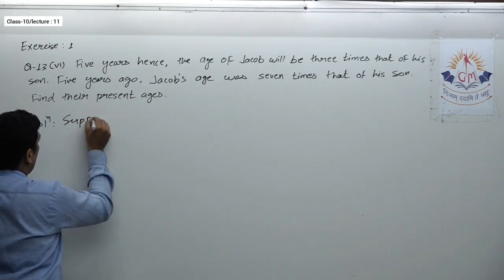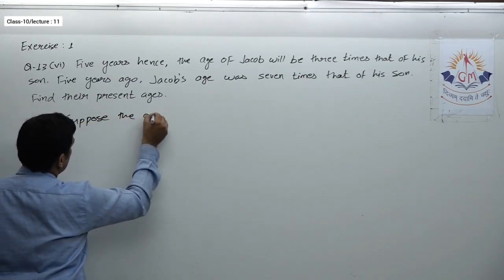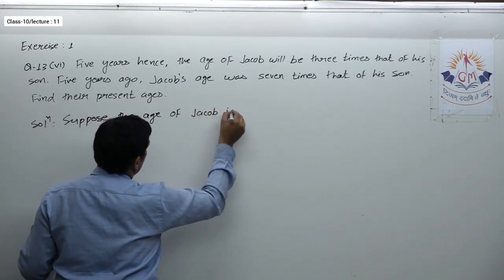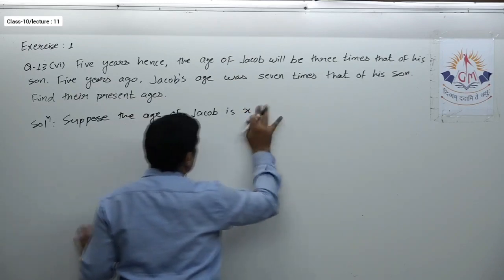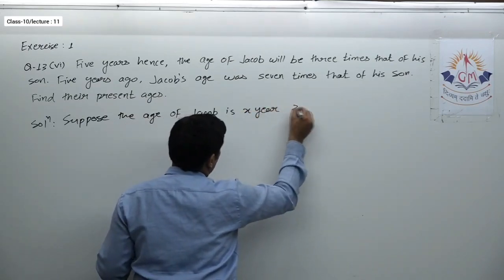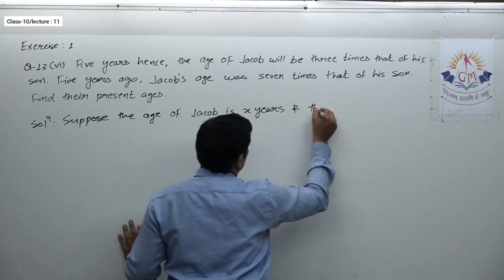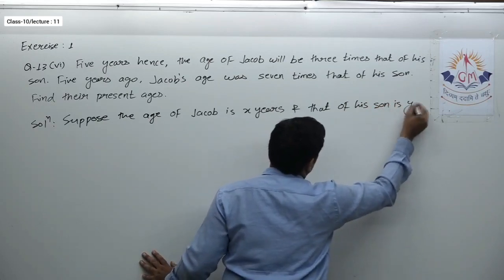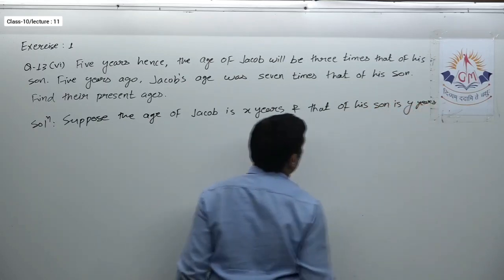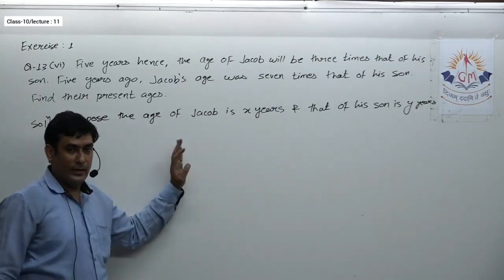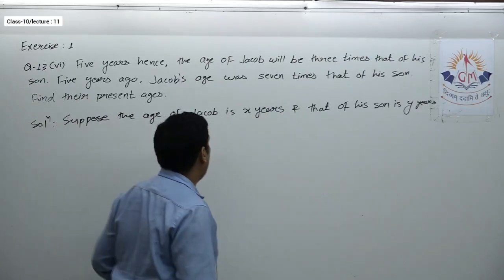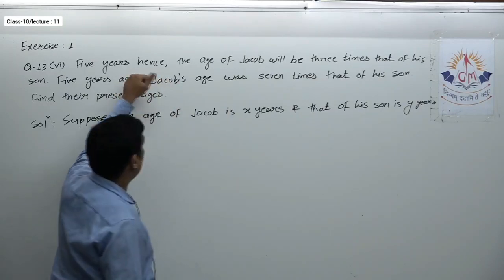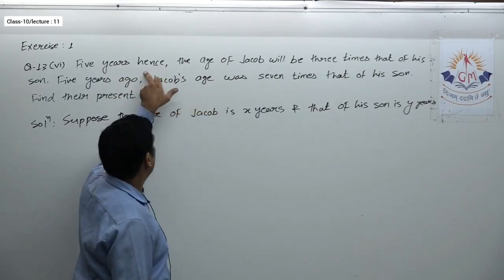Suppose the present age of Jacob is X years, and that of his son is Y years. Okay, these are the present ages of Jacob and his son, X and Y. Now when they say 5 years hence, that means after 5 years.